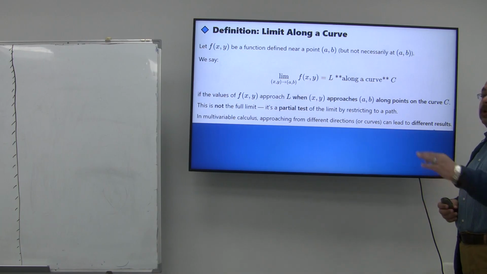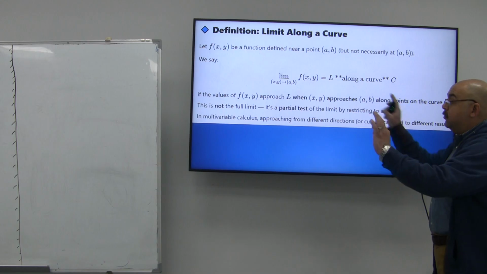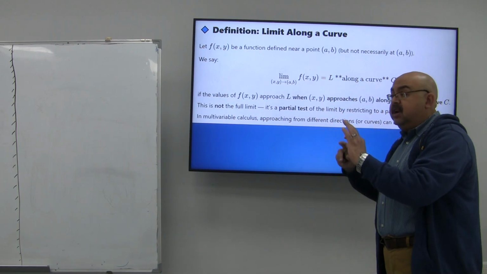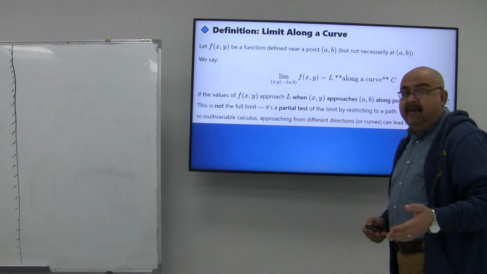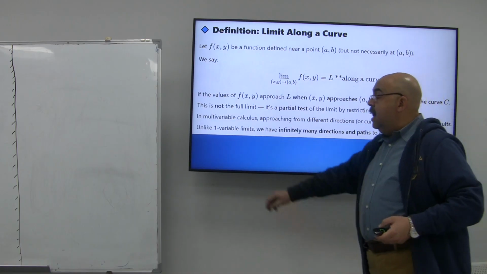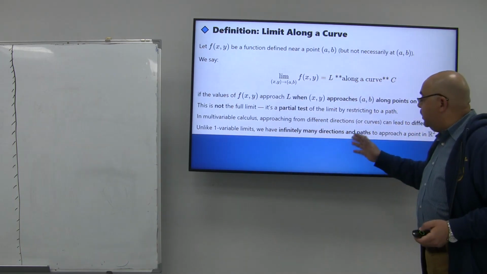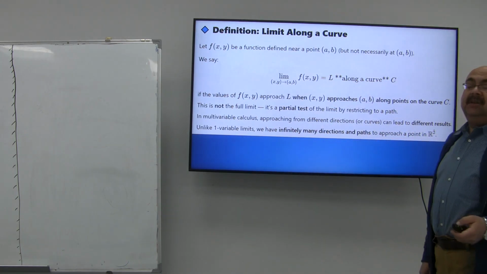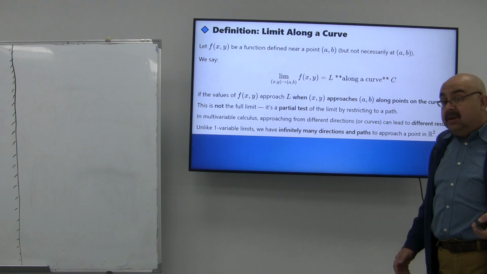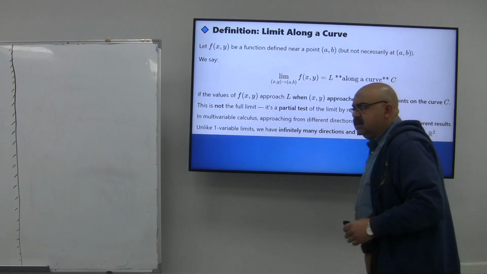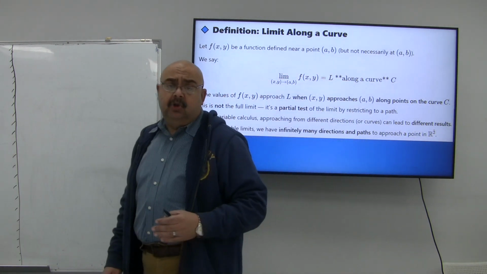So if I'm trying to approach a certain point from various curves or paths, I may end up having various limits. Unlike the single variable limit, we have infinitely many directions and paths approaching a certain point in R2, which means it's not that easy to find the limit.